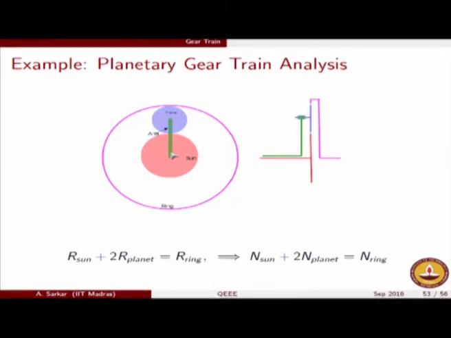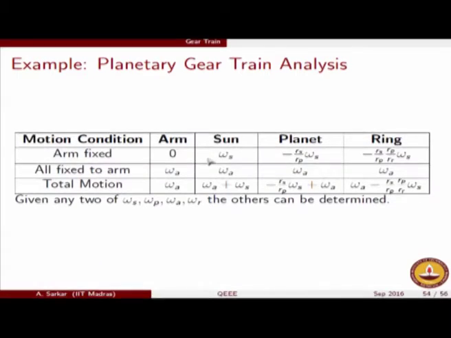In that case we will see that if the green arm is fixed, it is just like a simple gear train with external gearing as well as internal gearing. So if omega s is the speed of the sun, then the speed of the planet is minus rs by rp into omega s, because the minus sign arises because it is an external gearing.